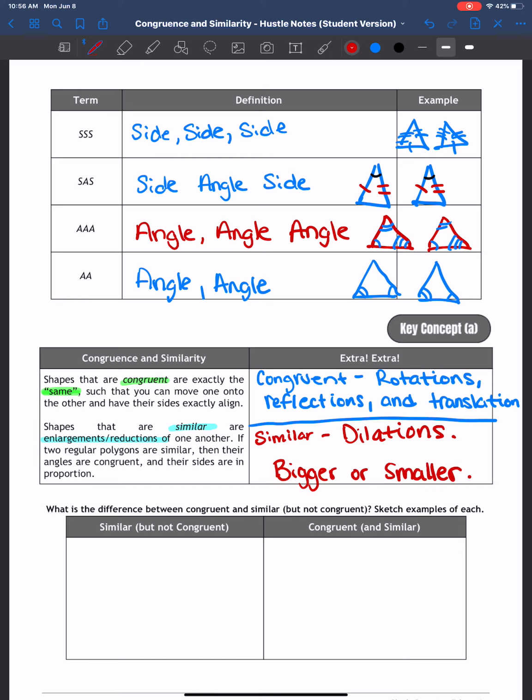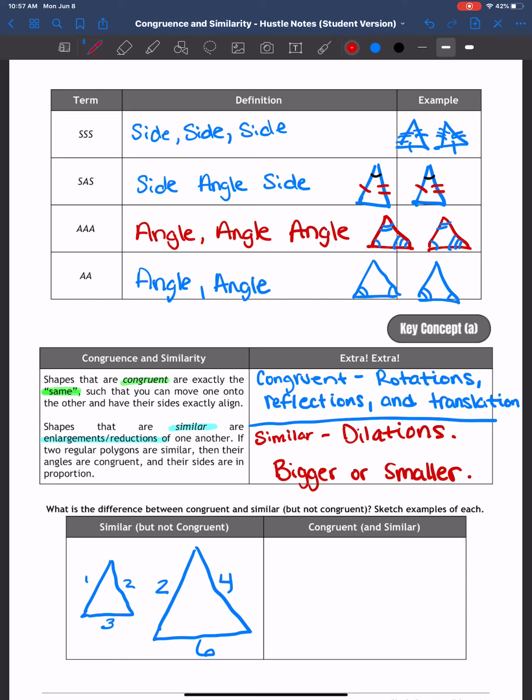What is the difference between congruent and similar, but not congruent? Sketch examples of each. For your first example, similar but not congruent would be two triangles. You could have sides of 1, 2, 3, and sides of 2, 4, 6. These are similar, but they are not congruent, meaning all your sides are not the same.